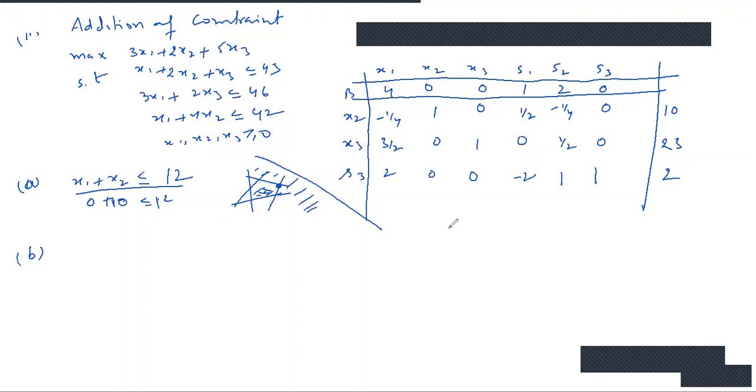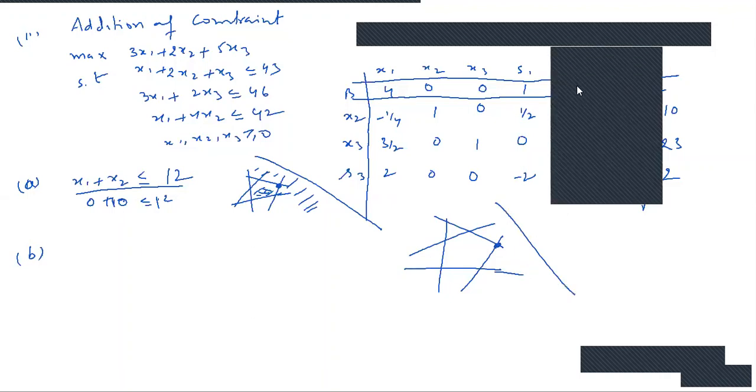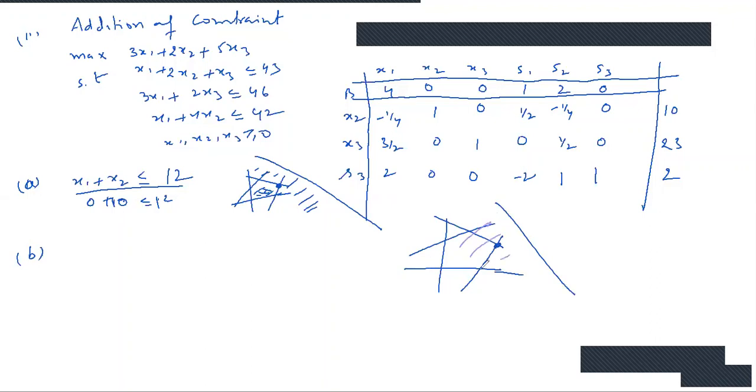I will discuss here. See, I have this kind of situation, say, right? And suppose this is my optimal solution. I'm adding a constraint. So the possibility is I add a constraint here, like in this case, and I am looking for my optimal solution to be on this side, say, on this side.